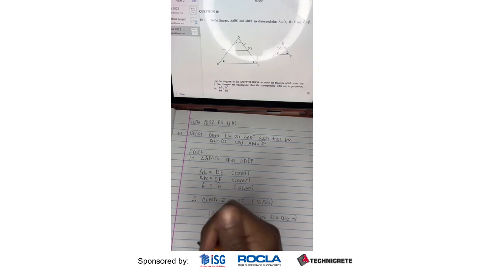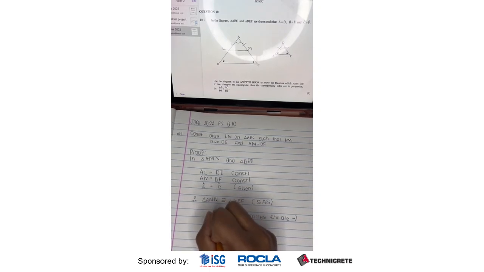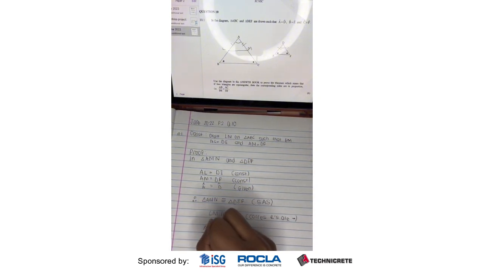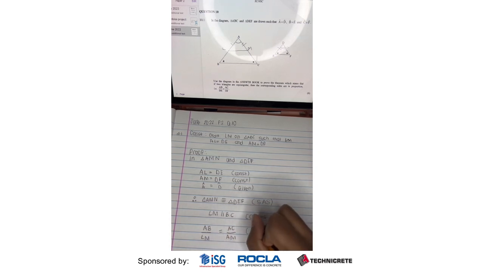Now we can say therefore AB over AL is equal to AC over AM, and the reason is proportion theorem.